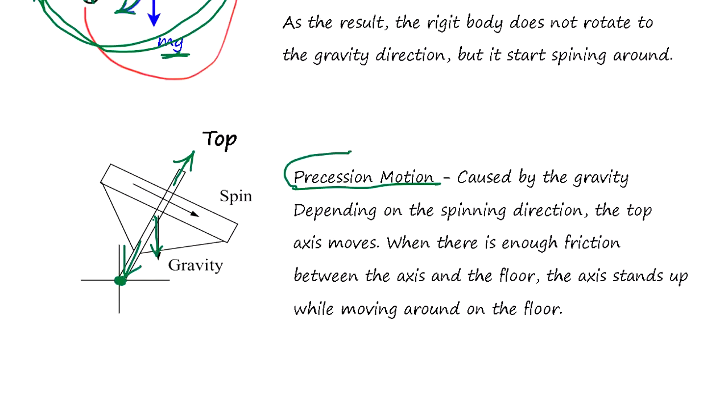The gravity causes a precession motion, and when you have sufficient friction here, then it corrects itself, so it stands up by itself. That's why a spinning top is stable on the ground while it's spinning, because once it's tilted, this moves around. Okay, depending on which one it is, I'll show you in the videos.